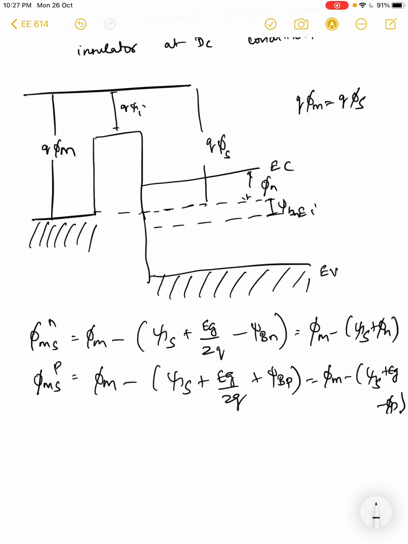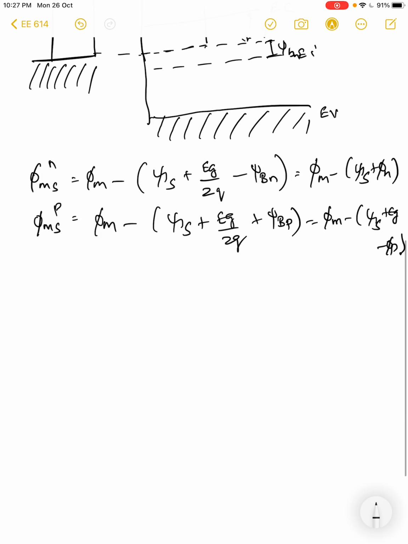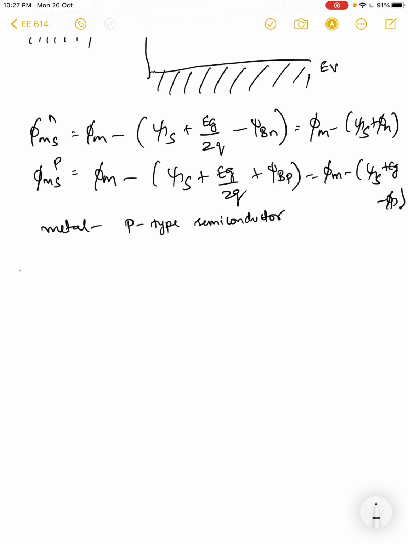So now let us consider the situation where I apply a potential. For this particular example, I'm going to take a metal p-type semiconductor interface, right? And I have the vacuum level. I have, let us take that this is the original intrinsic Fermi level, and I have applied a negative potential on the metal.